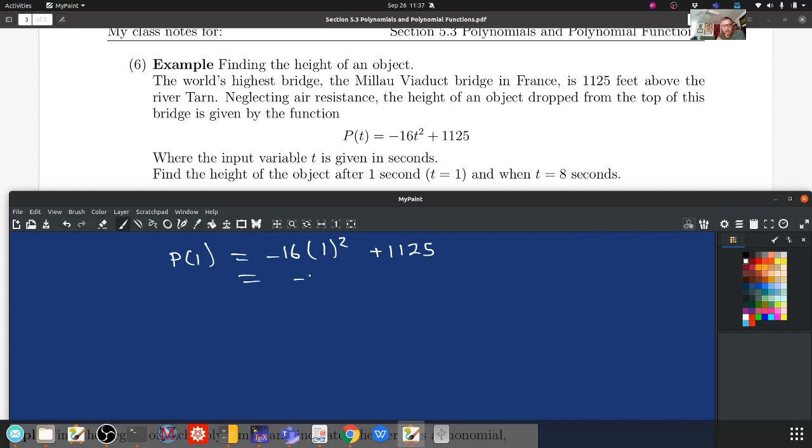Well, that's just minus 16 plus 1,125, and that's just equal to 1,109. And it says the height is given in feet. So that is 1,109 feet. So we can ask, how much did it drop in 1 second? In 1 second it drops 16 feet.